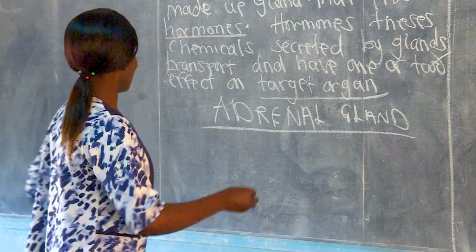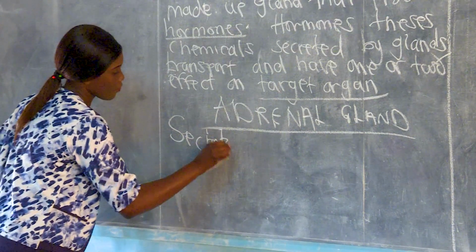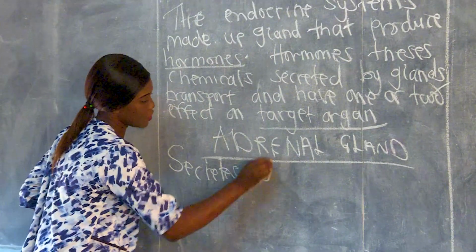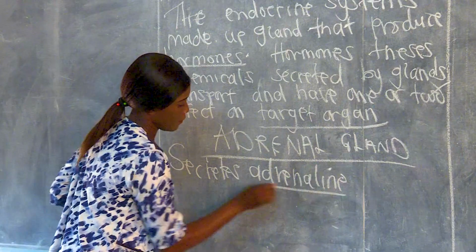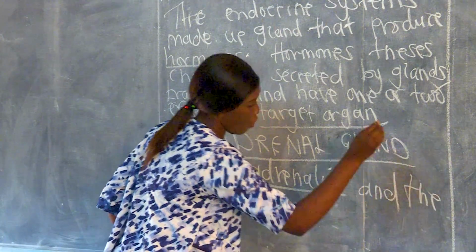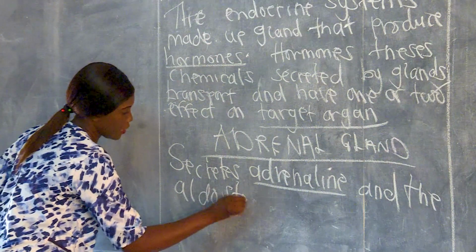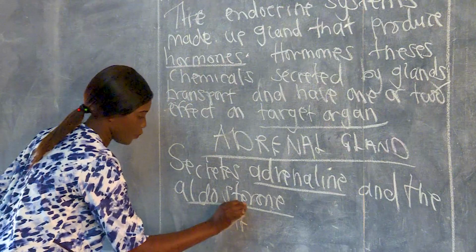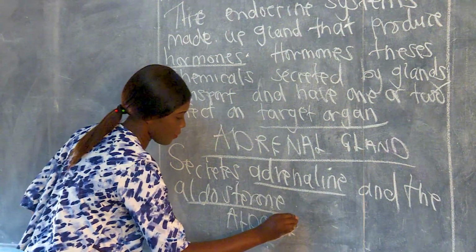So the adrenal gland secretes adrenaline and the aldosterone hormone. Okay, so we'll start with the aldosterone hormone. We talk about its function.